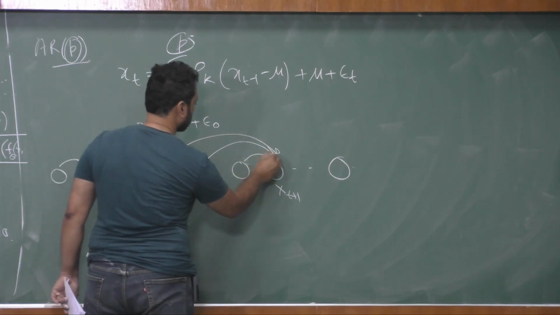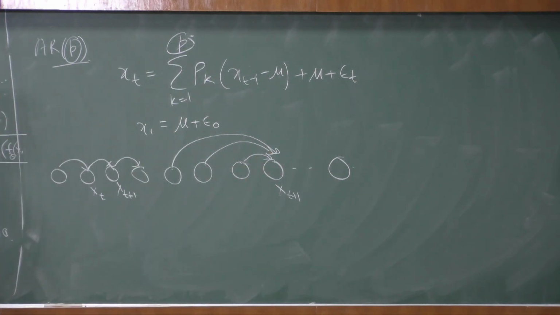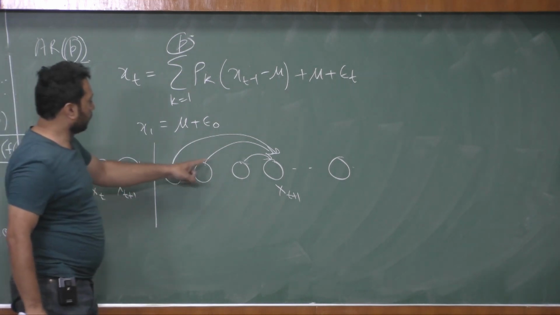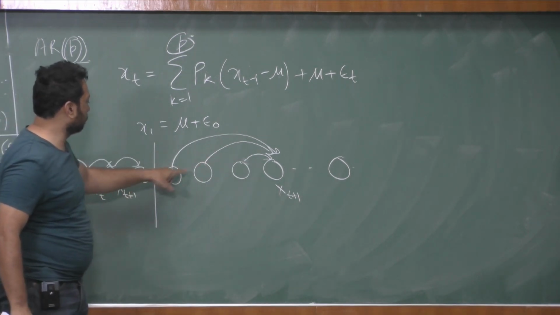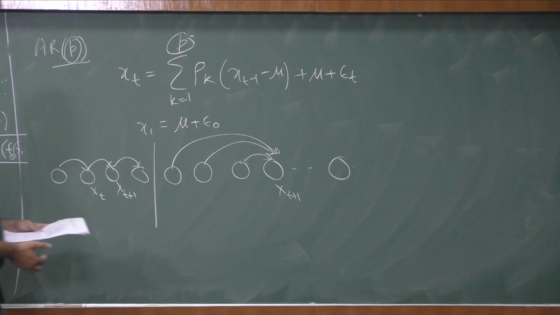There are decisions one has to make, because with the latter you have more computational cost involved: instead of computing xt plus 1 from just xt, you now have to look at all previous p words in the sequence.